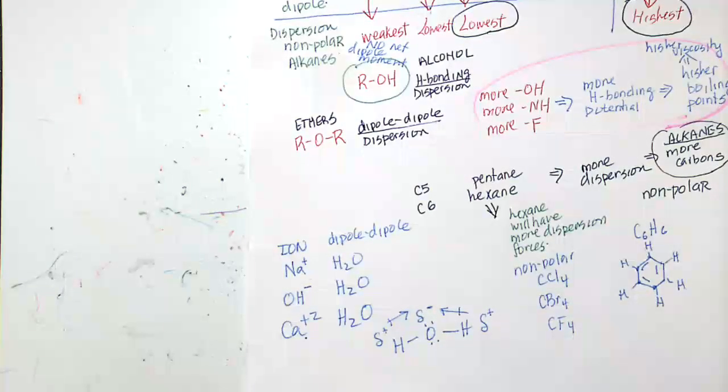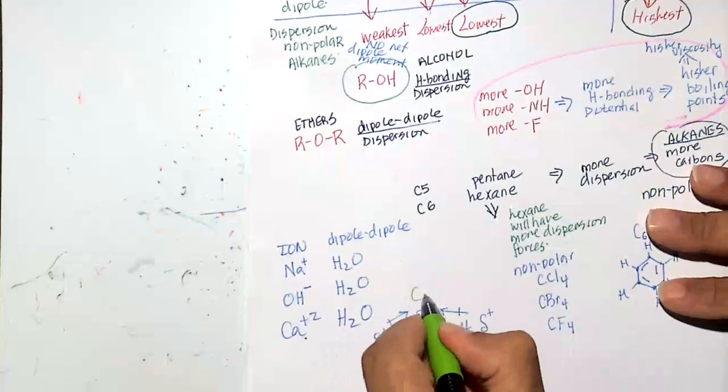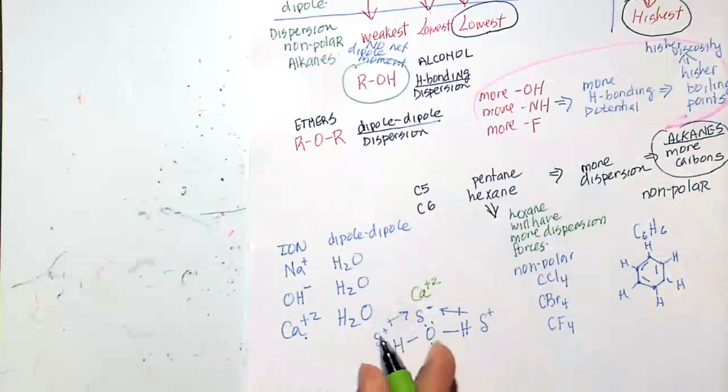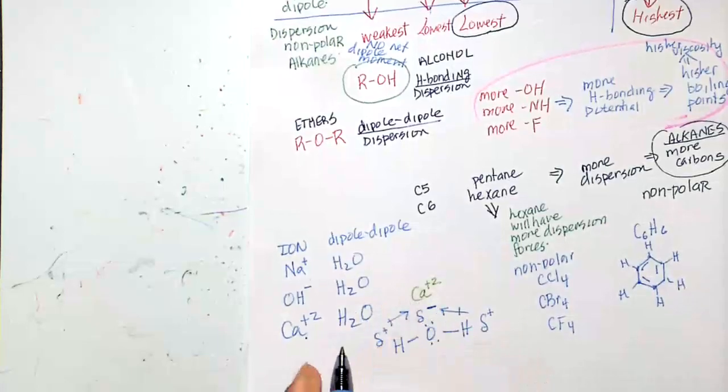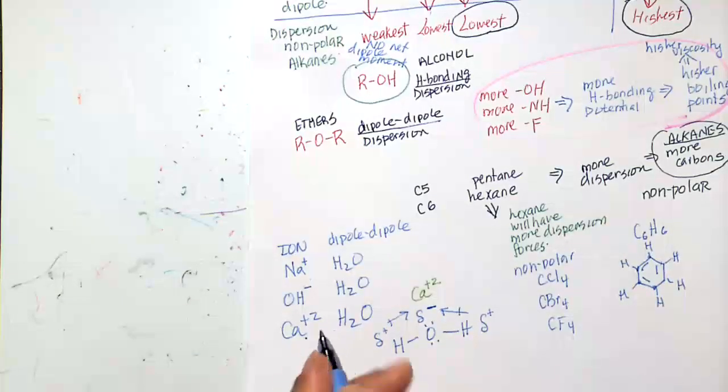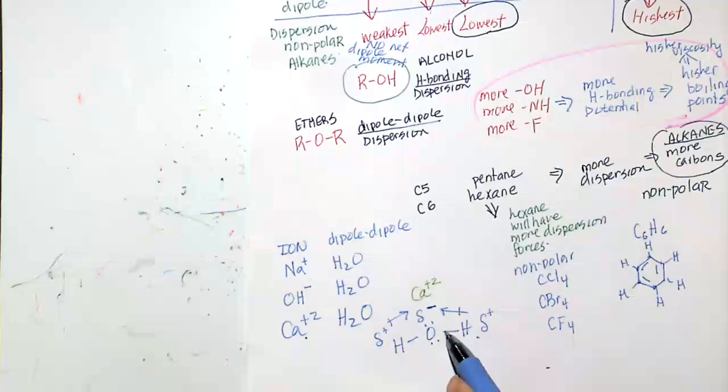So this is what you call an ion-dipole, Maria. The positive calcium ion will interact with the partial negative of this oxygen. That's ion-dipole.